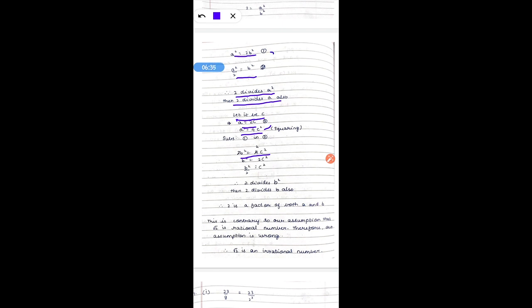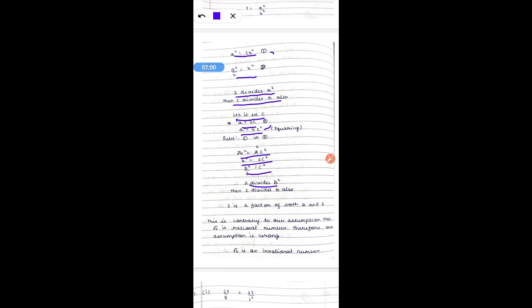Cancelling the common factor 2 on both sides, we get b square equal to 2c square. By transposing 2 to the other side, we get b square by 2 equal to c square, which implies 2 divides b square. Therefore, 2 divides b also.